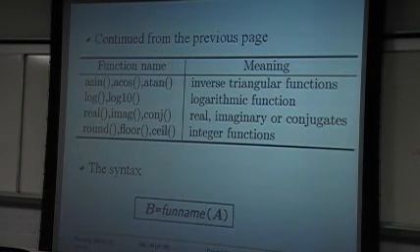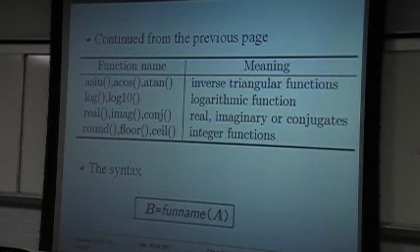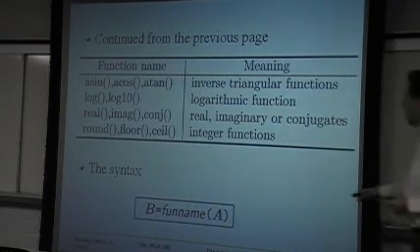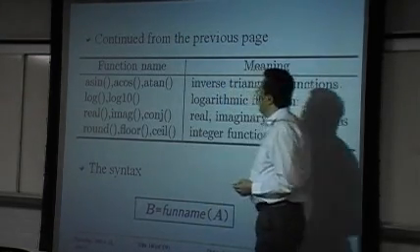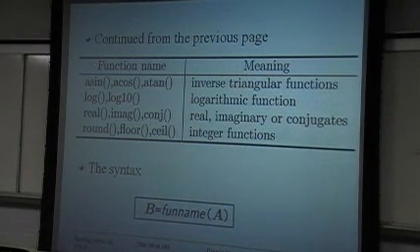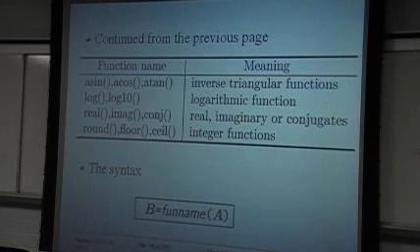So we can have different kinds of functions which can be coded in this way: B equals function name of A, and the function name can be selected as one of these. These functions are used as element by element manipulation for the matrix A.